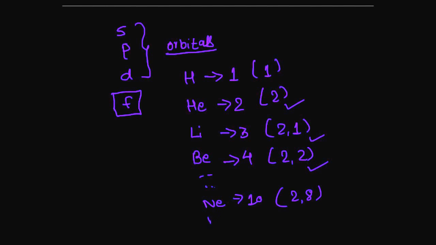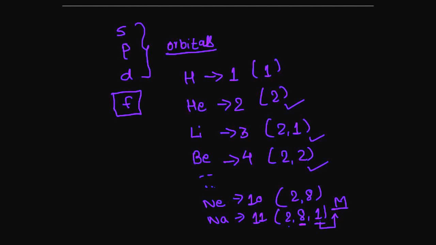Now, when you approach sodium, sodium has 11 electrons, which means 2, 8, 1, because the second cell cannot hold more than 8 electrons, so the next electron will be placed in the M cell. So this is K cell, this is L cell, this is M cell.